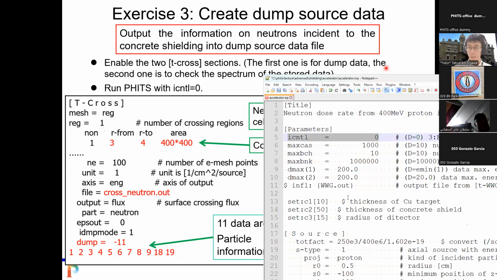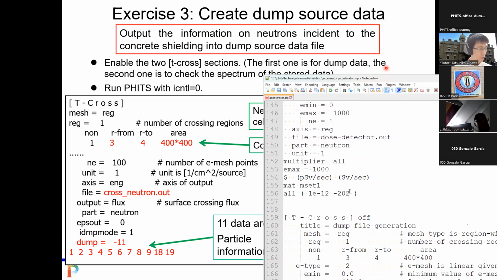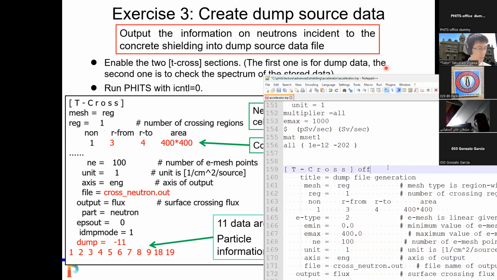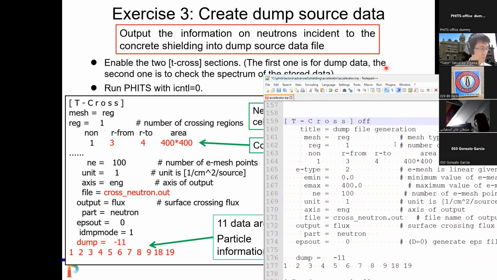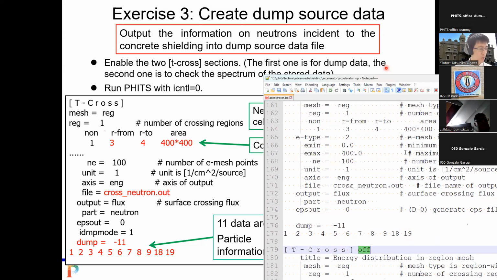And then please scroll down to T-cross tallies. The first one is at line number 159, delete off, and going down again to line number 179. Please delete off again, and then run.